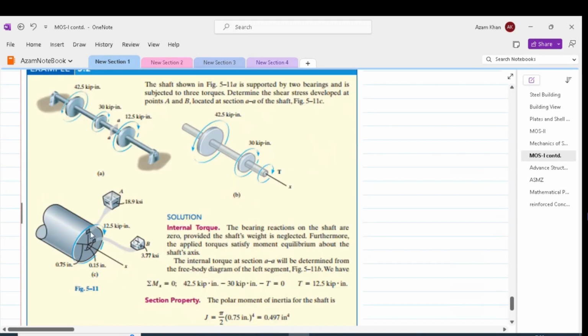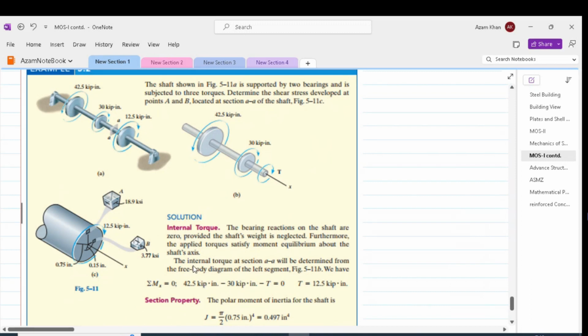Point A is located at a distance 0.75 inches from the longitudinal axis of the shaft, whereas point B is located at 0.15 inches from the axis of the shaft. The shear stress corresponding to point A will be bigger than the shear stress corresponding to point B.